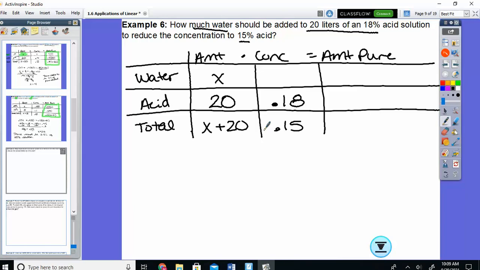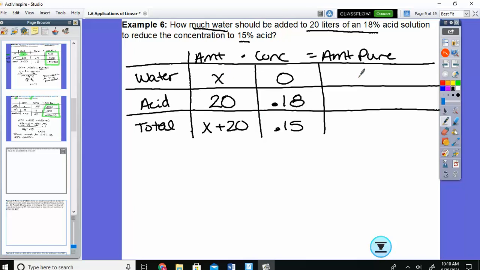We're talking about the concentration of acid. So if you go get a drink out of the water fountain, what percent acid is that water? 0. We really hope so. Pure is 100%. Water is always going to be a concentration of 0, whatever mixture we're looking at. So then we just multiply.